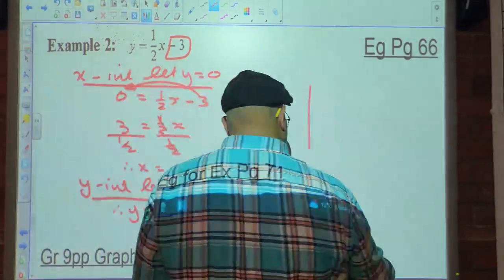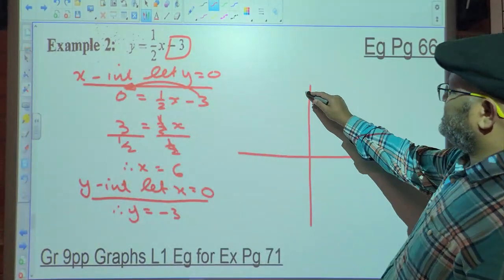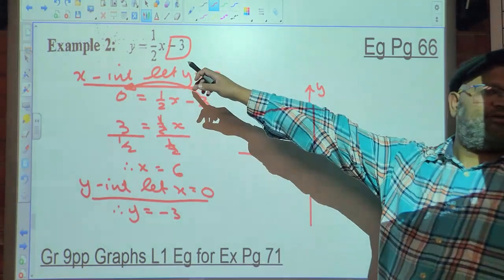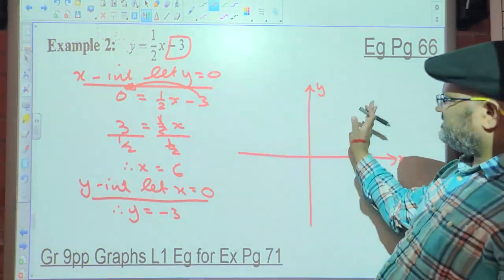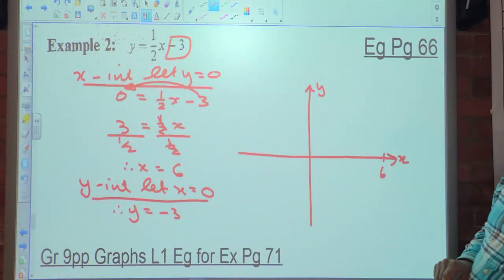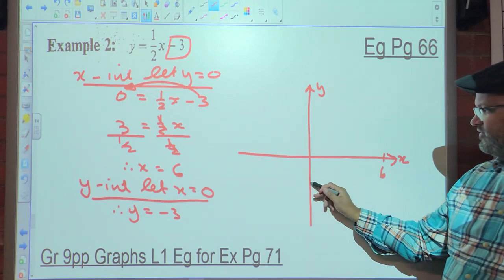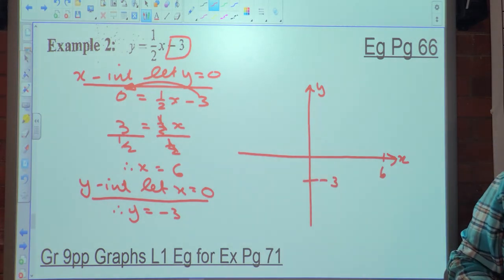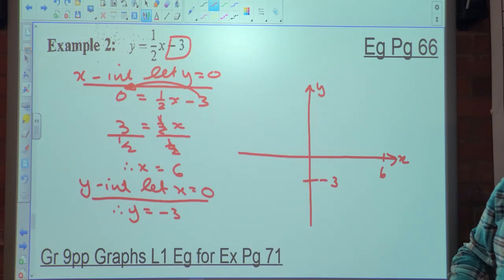There's enough information to draw a graph. As we said, we just need 2 points to draw the graph. Is this an increasing or decreasing function? It's increasing. So x equal to 6 and y is equal to negative 3. You all understand?